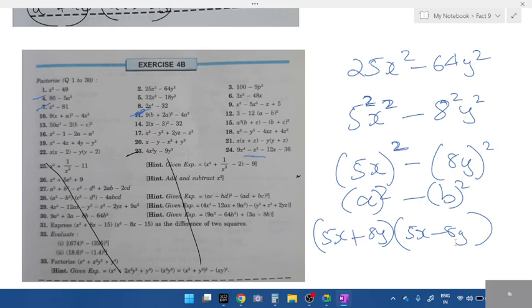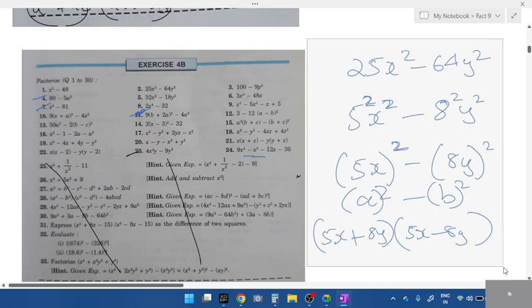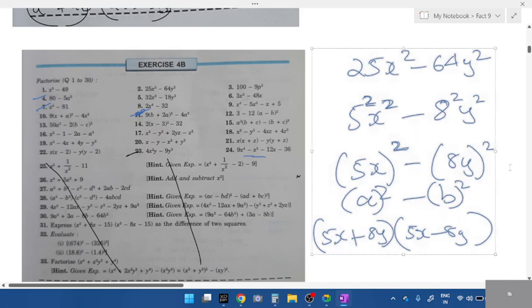Fourth one I'll teach. Complete this. Try the third one.